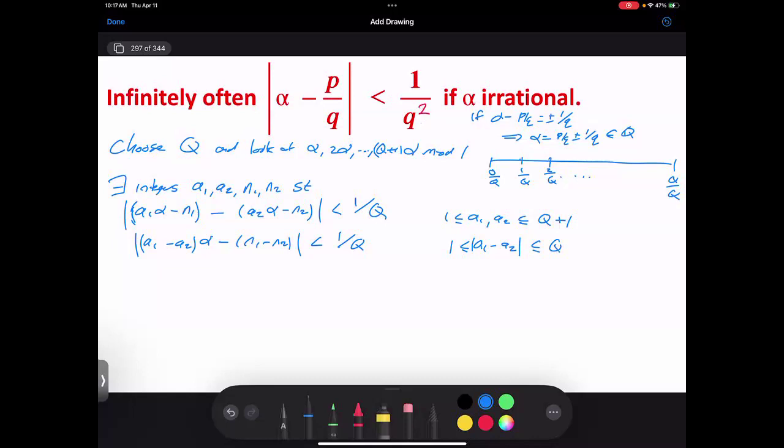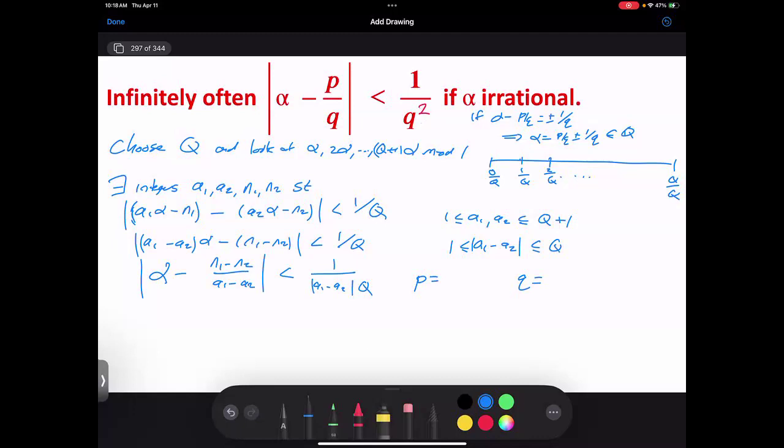So now if I divide through by a1 minus a2, which I can because it's not 0, I get alpha minus (n1 minus n2) over (a1 minus a2) is less than 1 over (a1 minus a2) times big Q. So I want to try to find a rational to approximate alpha.